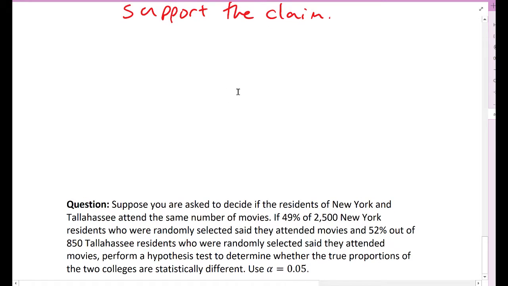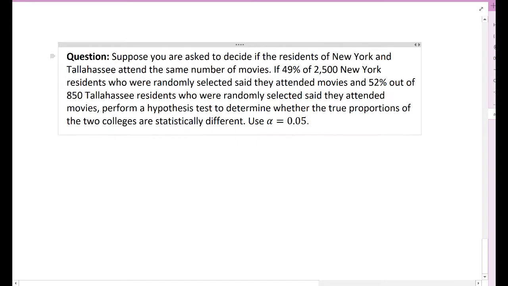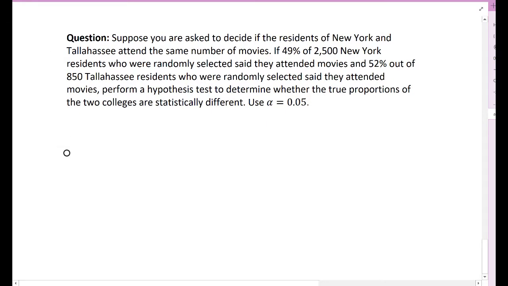All right, one more. Suppose you're asked to decide if the residents of New York and Tallahassee attend the same number of movies. If 49% of 2,500 New York residents who were randomly selected said they attended movies, and 52% of the 850 Tallahassee residents who were randomly selected said that they attended movies, perform a hypothesis test to determine whether the true proportions are different.